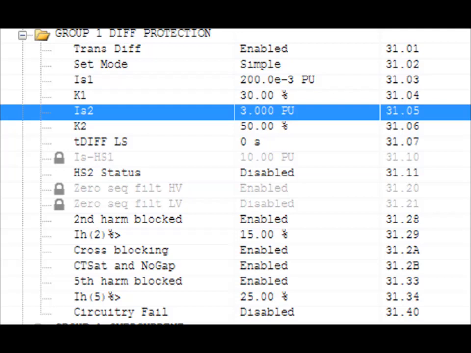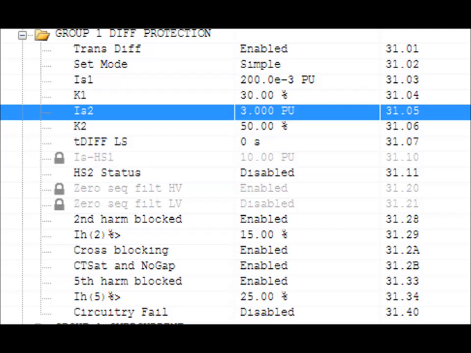Here IS-CTS and IS-CTS2 are both disabled, and second harmonic block is enabled, and the second harmonic threshold must be 15%, that is during charging of the transformer. If the relay sees more than 15% second harmonic content in the charging current, it will block the differential characteristics and allow the charging.